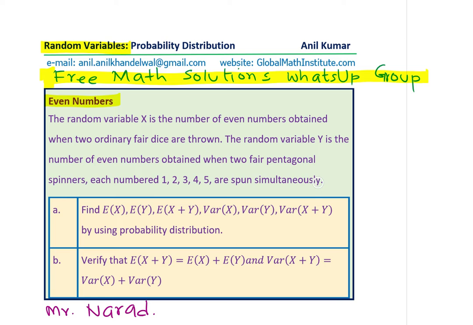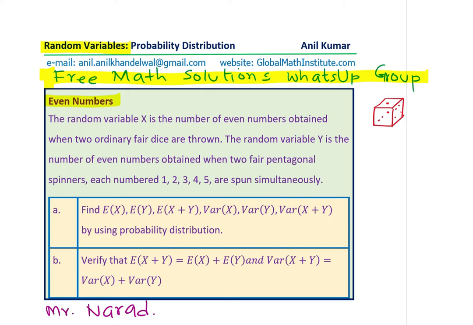So in the question, we have defined two independent events. One, variable x for a normal dice, right? So that means there are six possibilities there, correct? Two of them are thrown simultaneously, right? So that is the question.